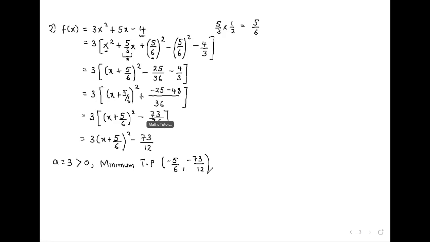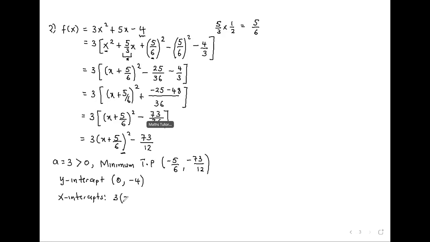And then we have the y-intercept, which is 0, comma negative 4. Then the x-intercept, you equate this whole thing to 0.